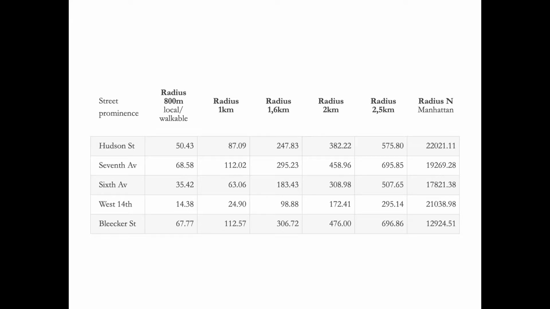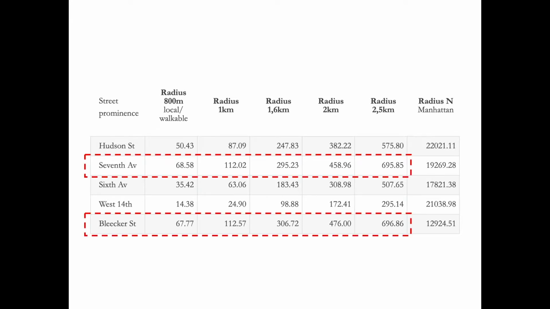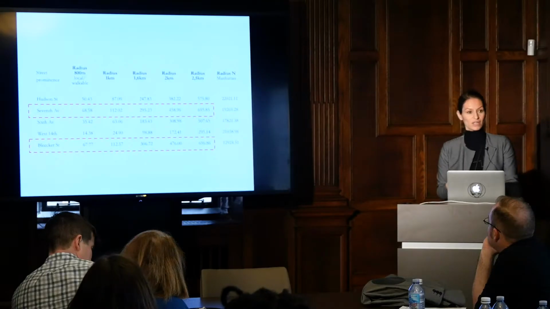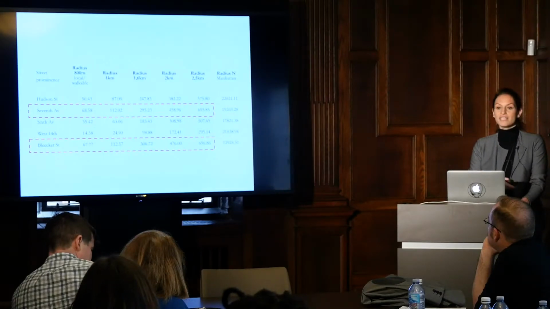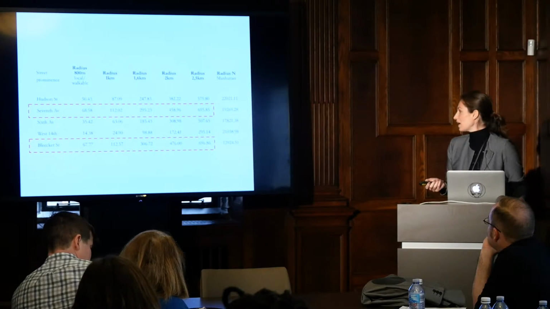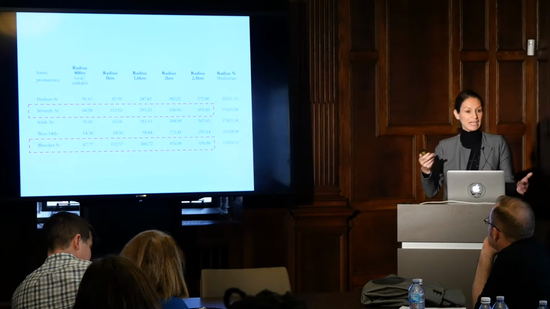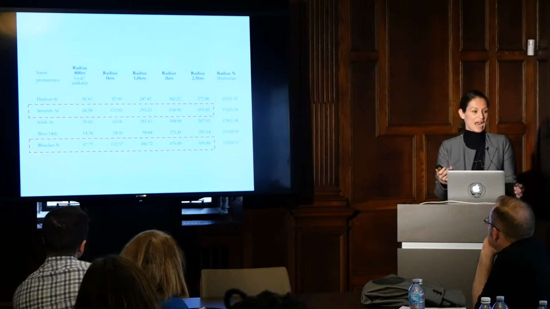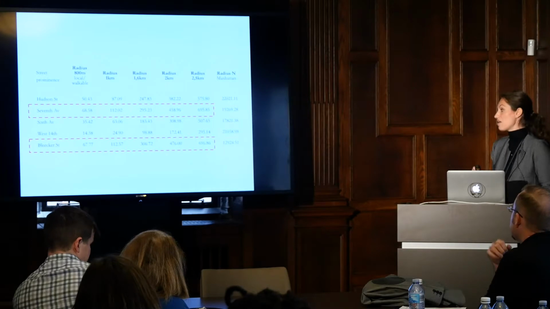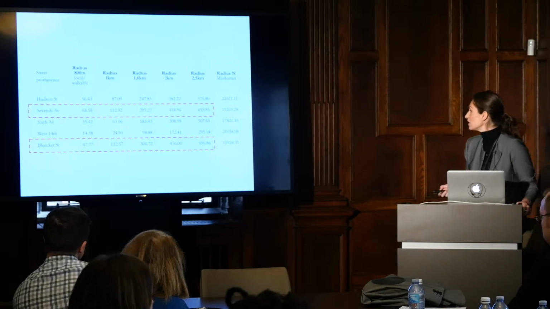Two streets were picked up generally important at the local and neighborhood and extended neighborhood level. So you see the radius of analysis, 7th Avenue and Bleecker Street. And if you read about the history of the place, and also visit the place, you'll see that Bleecker Street has a quite different character than 7th Avenue, 6th Avenue, and even Hudson Street.